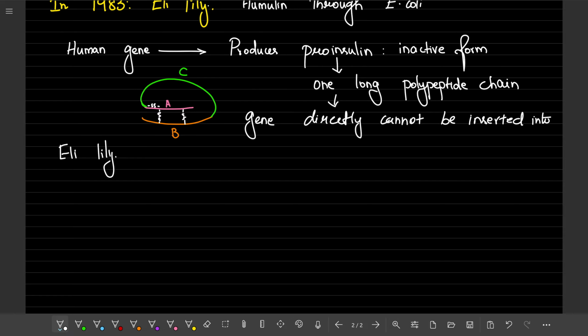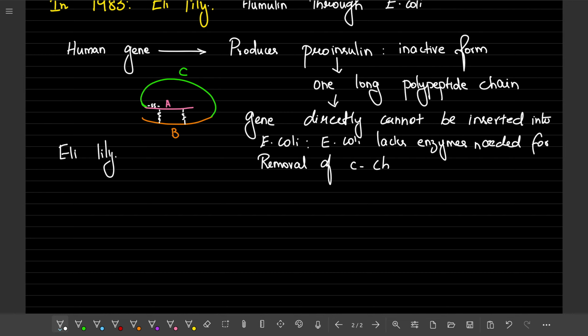Please write this now, since we already discussed it: it cannot be directly inserted into E. coli since E. coli lacks the enzymes needed for removal of C chain. Okay, so that is what they did. So now here, this is what we call the proinsulin.